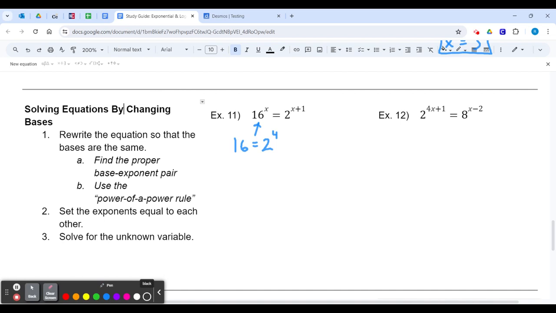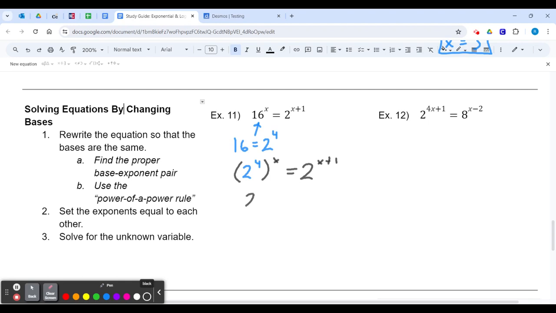Instead of writing 16, I'm going to rewrite my entire equation: blank to the x equals 2 to the x plus 1. And in that blank spot, I'm going to rewrite that 2 to the 4th power. Okay, haven't broken anything, rewrote it exactly the same, just changing that 16 to a base of 2.